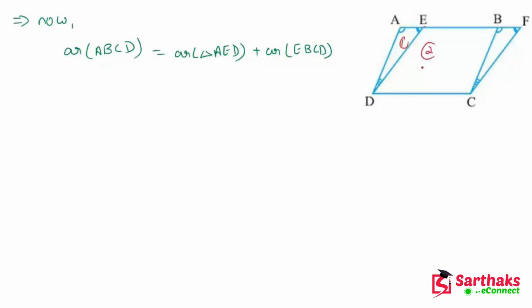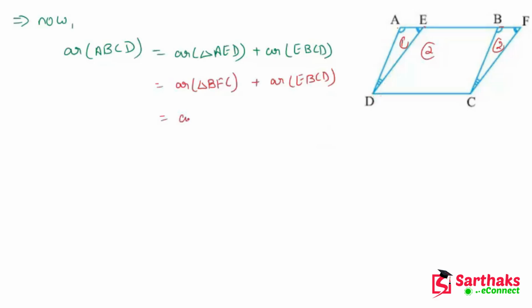Now we know that area of triangle AED is equal to area of triangle BFC. We already proved this. So we can write area of triangle BFC in place of area of triangle AED plus, as it is, area of EBCD.